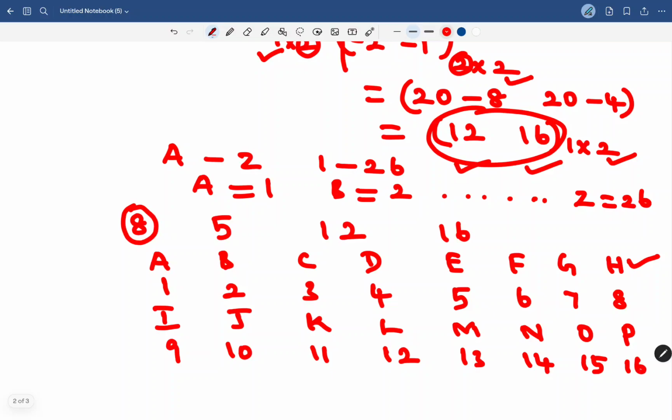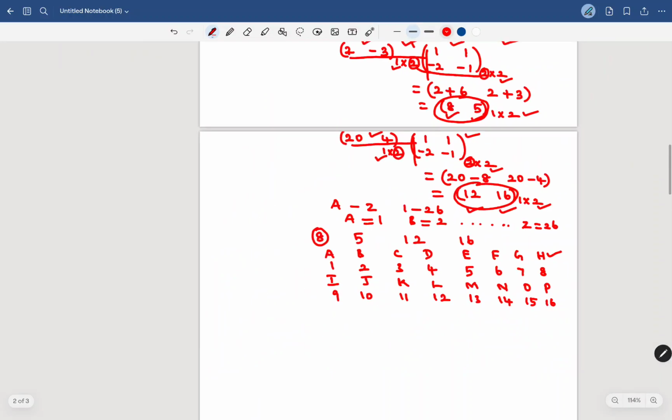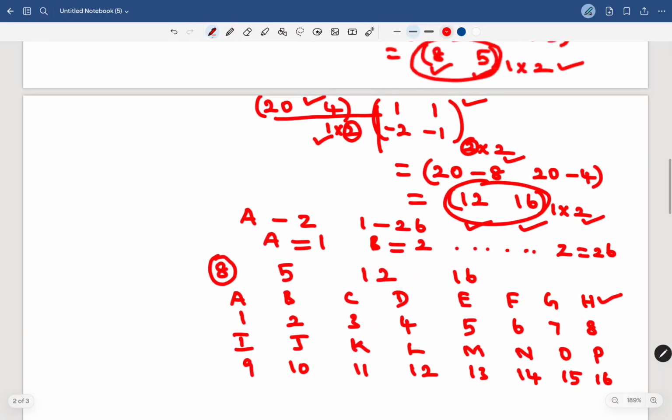Because see the values. First one we got the message, that code is H. Next one is 5, 5 means E. Next one 12, 12 means L. 16 means P.